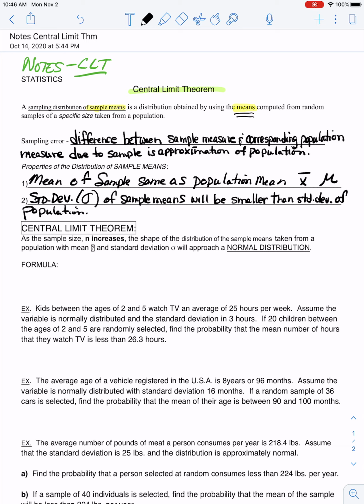So it's kind of like the population standard deviation over the square root of the sample size. That is sometimes referred to as the standard error of the mean.